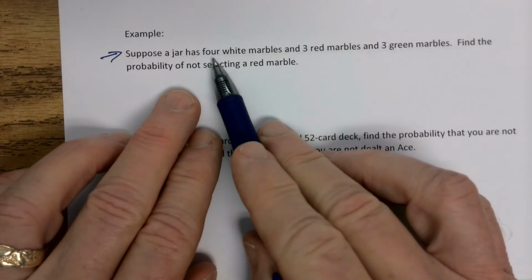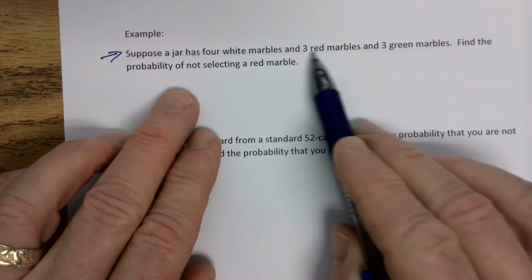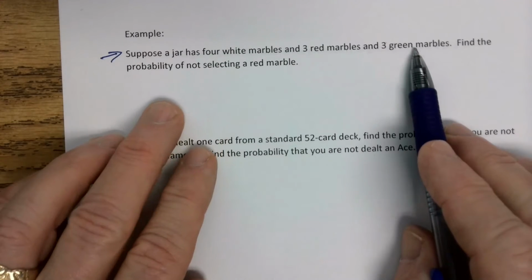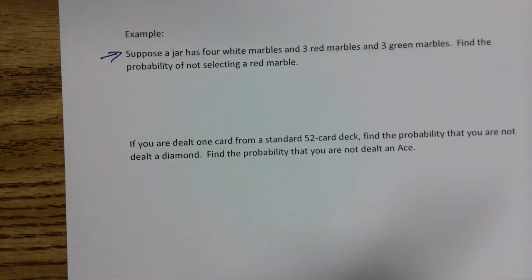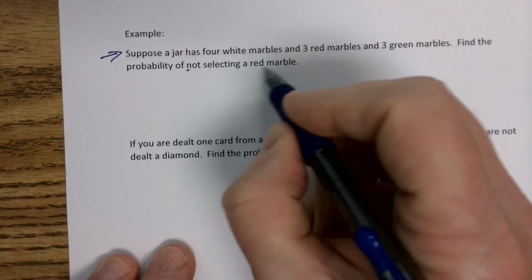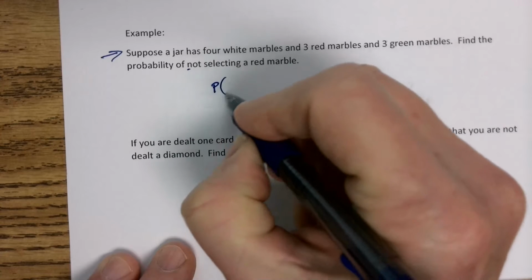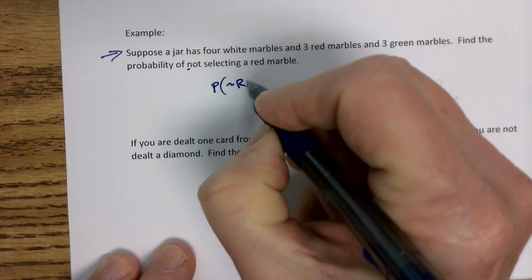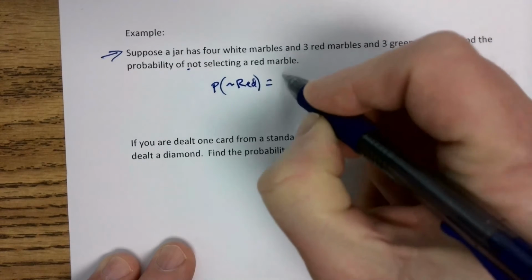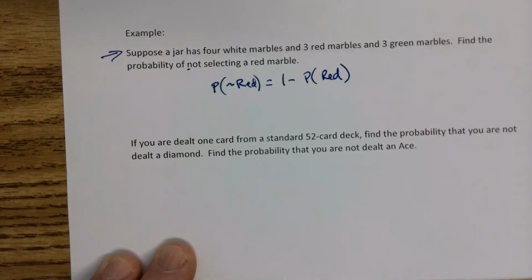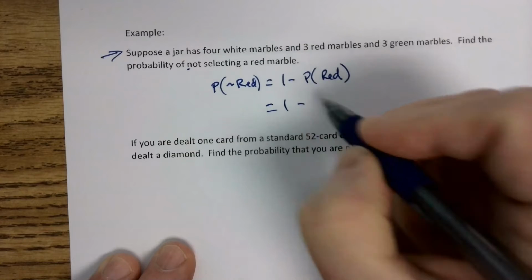If I have 4 white marbles, 3 red, and 3 green, that's a total of 10 marbles in my bag. Find the probability of not selecting a red one. So remember, the probability of not red is equal to 1 minus the probability of red.